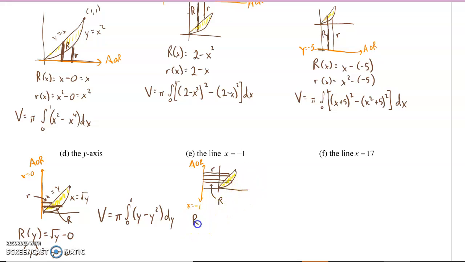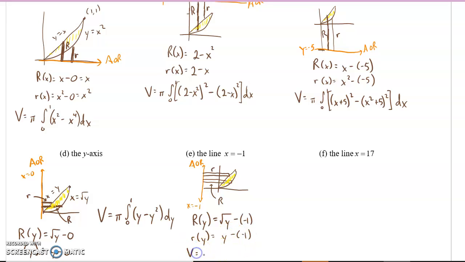So big R is a function of y. These are x values. The right side would be the square root of y again. Right minus left is going to be right minus -1. And then little r, same deal. This time it's not root y, but just y, because that's the line, minus -1.